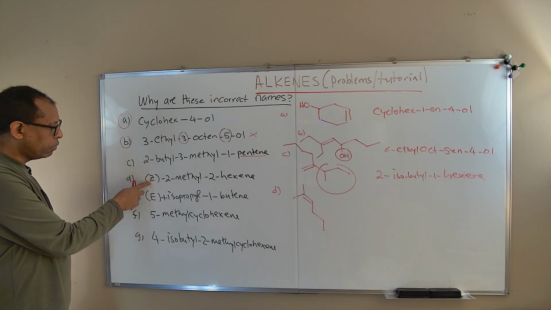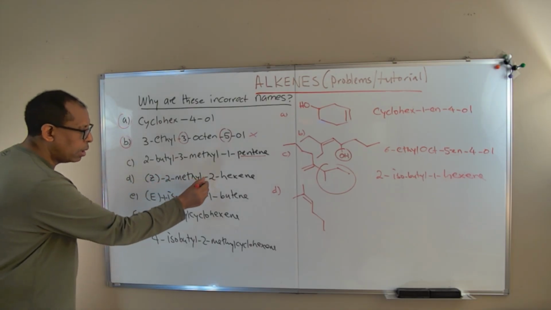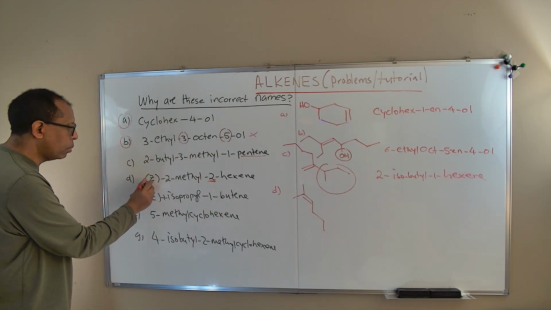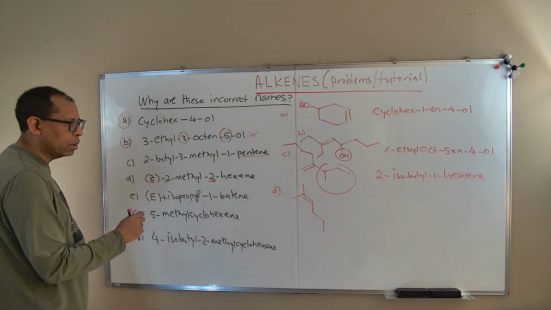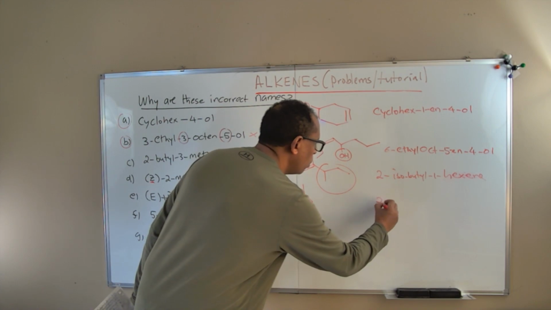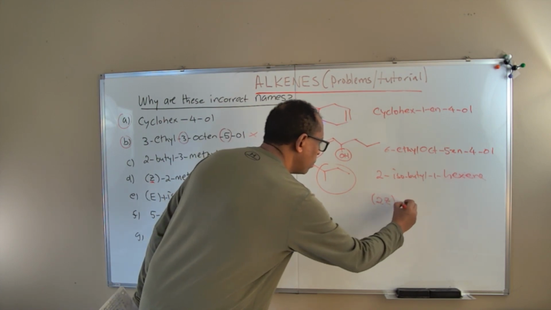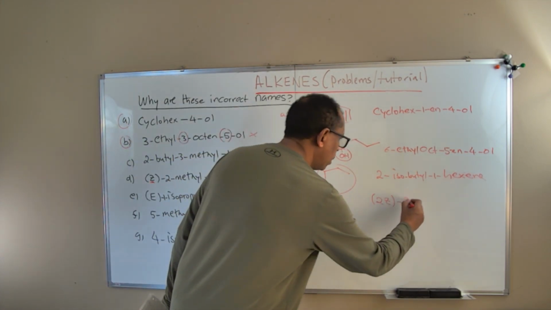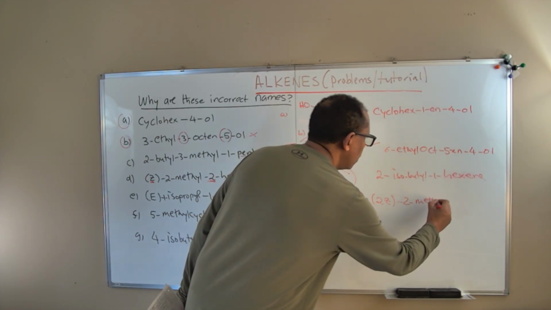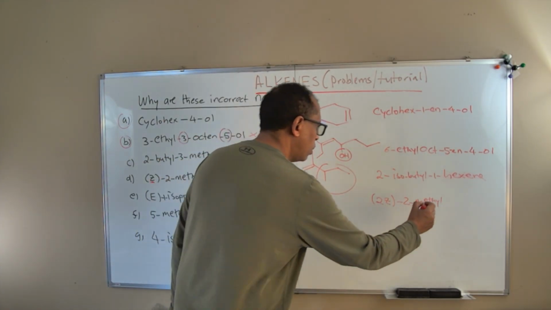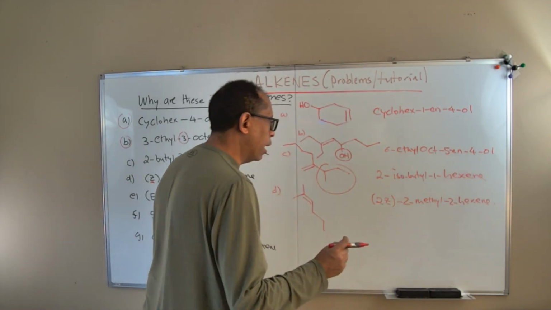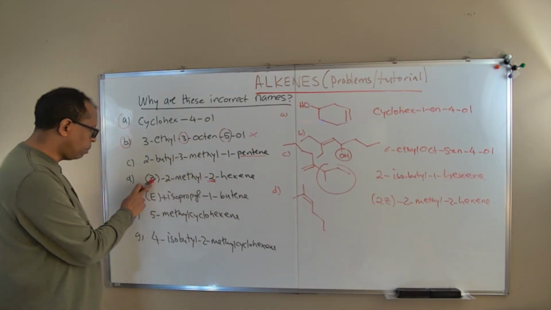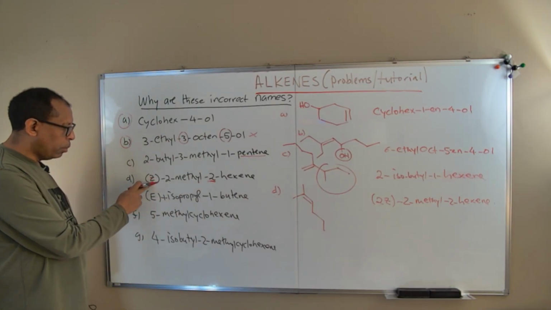So instead of just saying Z, they should say 2Z to show that the double bond, a Z isomer in a diastereomer, is at 2. So they should include 2Z in the parentheses and write it as 2-methyl, 2-hexene. That I would think is the correct name. You should have the numbering in the parentheses.